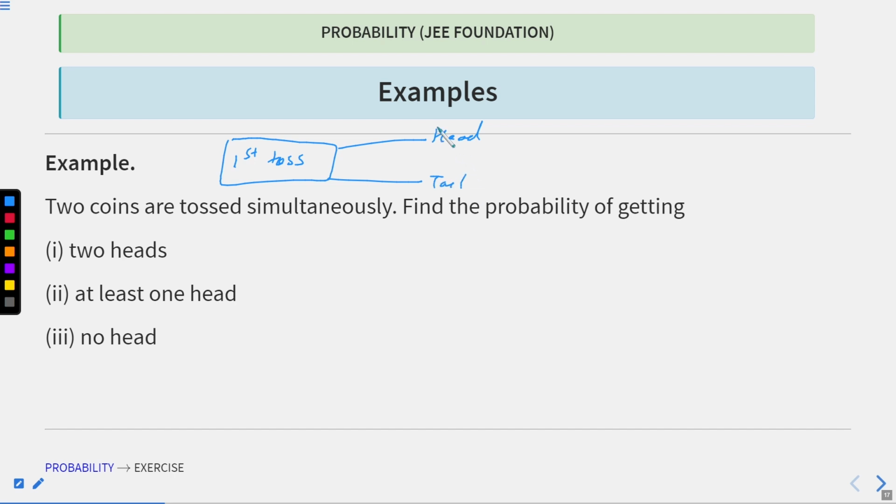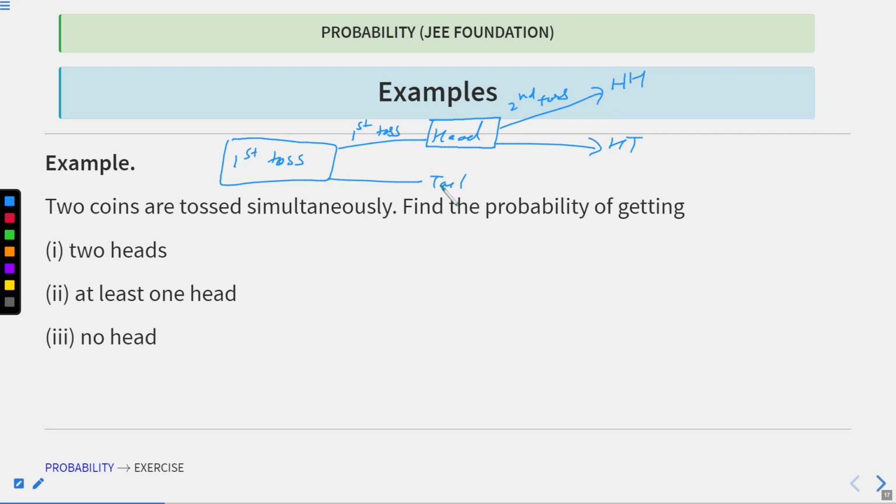Now in the second toss, if I got head in the first toss, I'll be getting either head or tail.